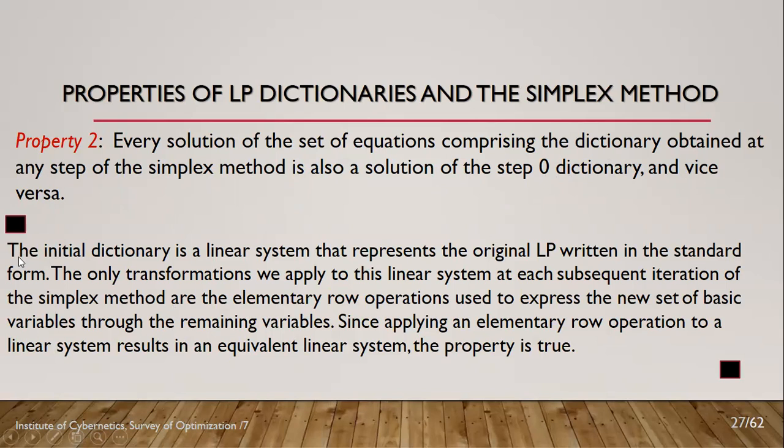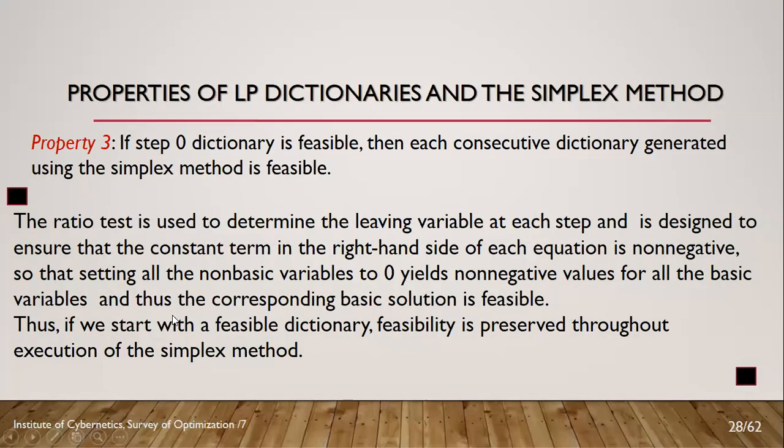The initial dictionary is a linear system that represents the original LP written in standard form, and the only transformations we apply to this linear system at each iteration are elementary row operations, which are used in linear algebra, to express the new set of basic variables through the remaining variables. Since applying elementary row operations to a linear system results in an equivalent linear system, this property is true, as you might remember from basic matrix operations.